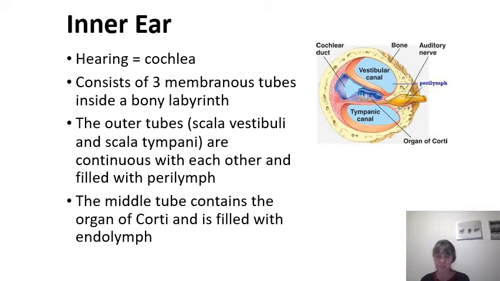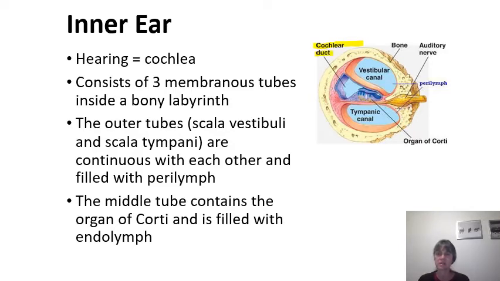And a labyrinth is just a fancy word for a maze. The 2 outer tubes are the scala vestibuli, or vestibular canal, and the scala tympani, which forms the tympanic canal. And then there's a middle canal or inner canal that is referred to as the cochlear duct.